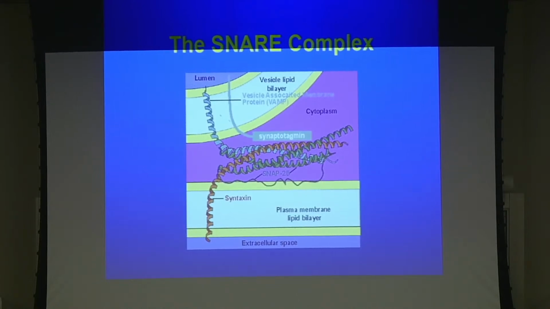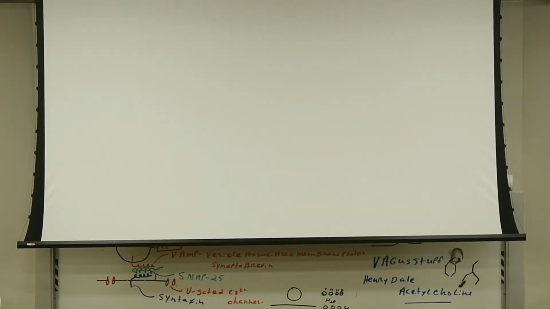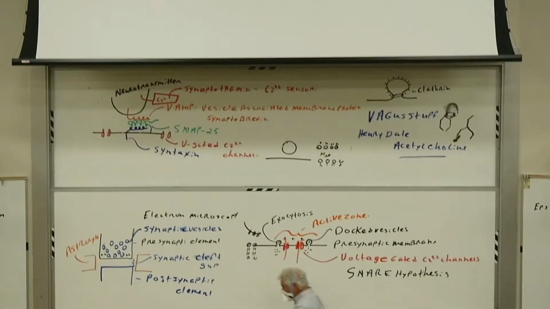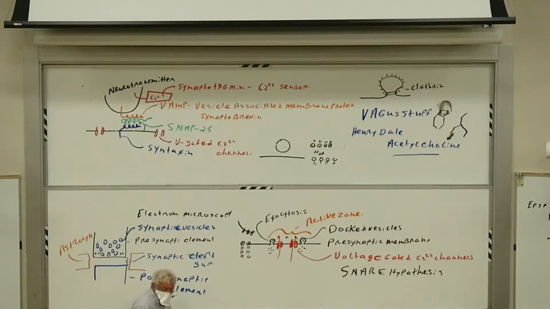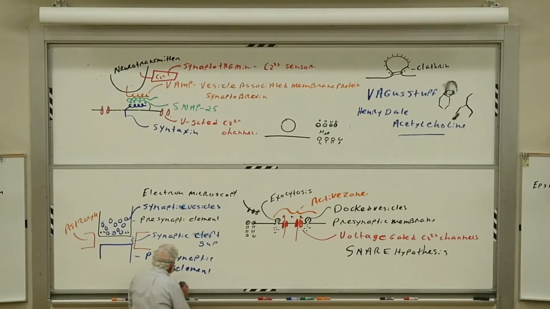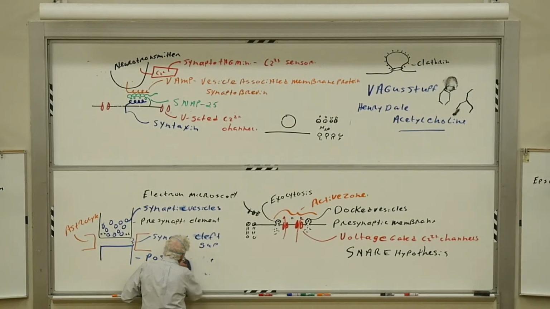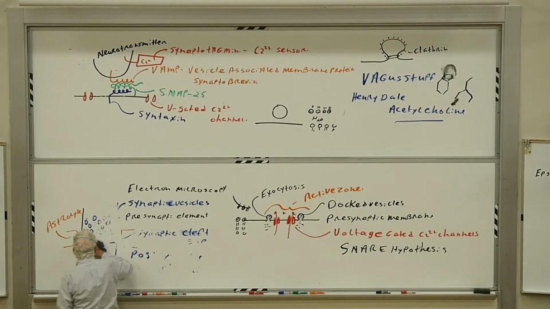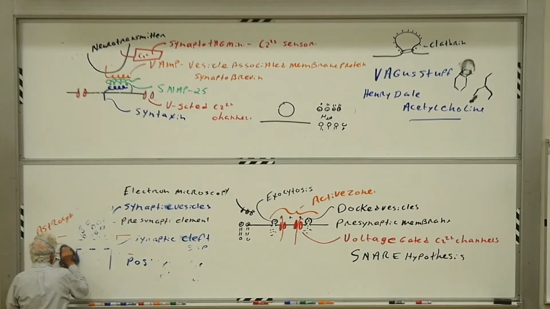Then, the question, of course, arises, what's going to happen on the postsynaptic side? So on the postsynaptic side, we're now going to begin the process of opening these so-called ligand-gated ionotropic channels.